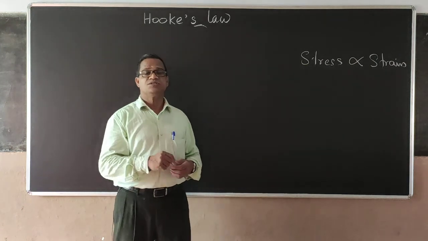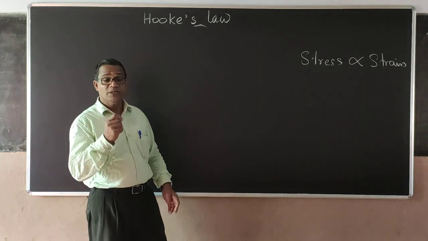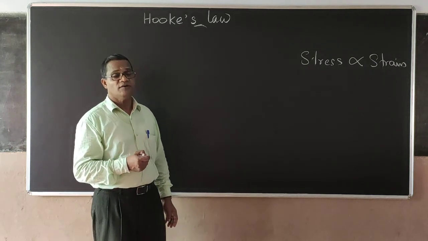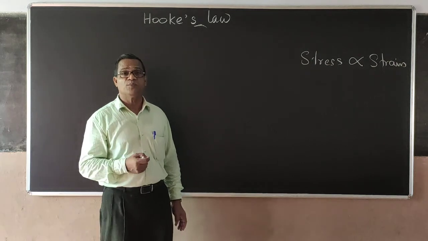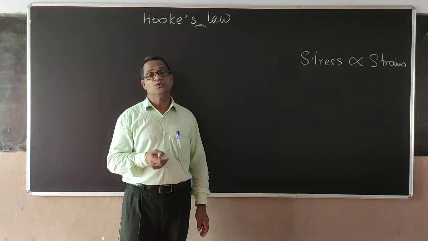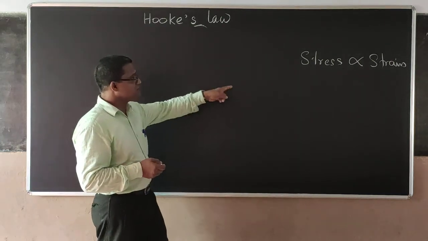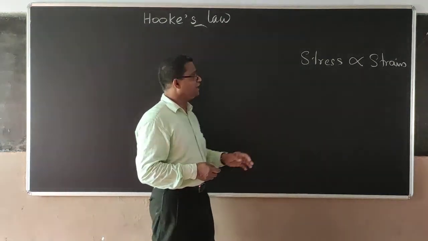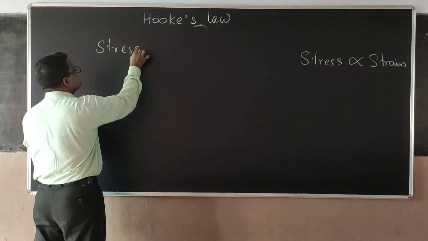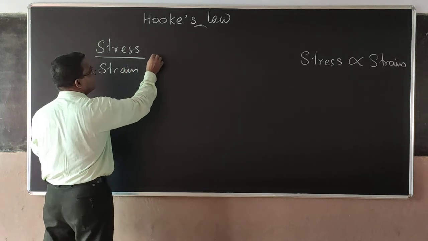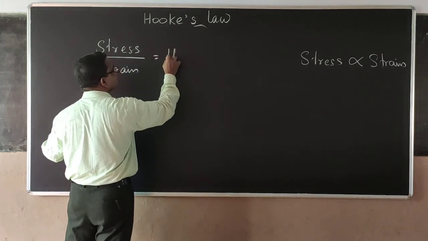And Hooke's law states the very same thing, that within the elastic limit, the stress developed on a body is directly proportional to the strain produced or applied on it. That is, stress is directly proportional to strain, that is, stress divided by strain remains a constant.